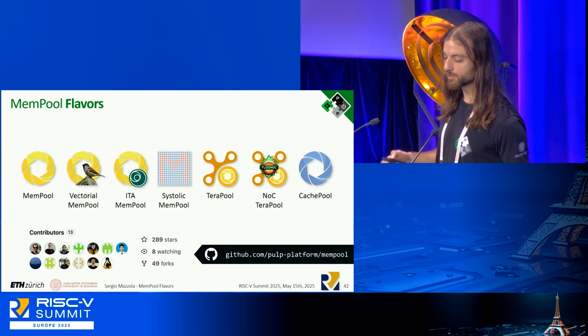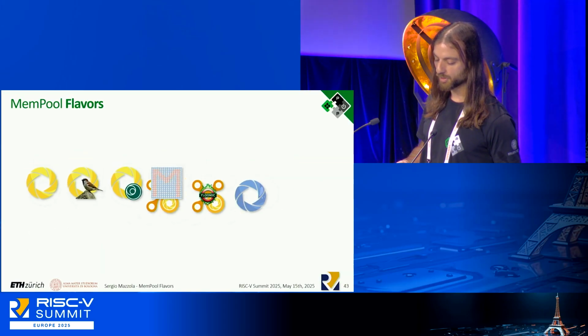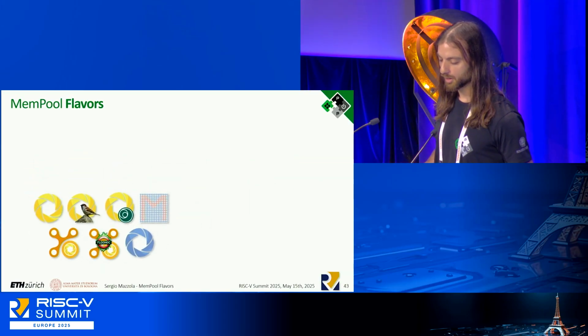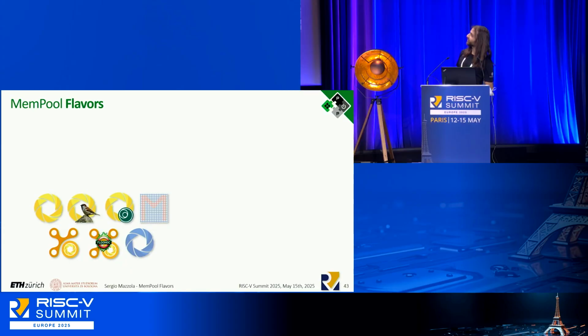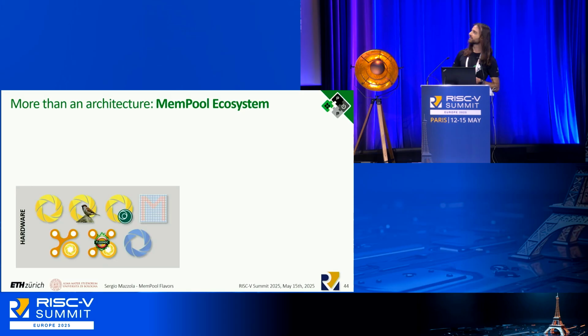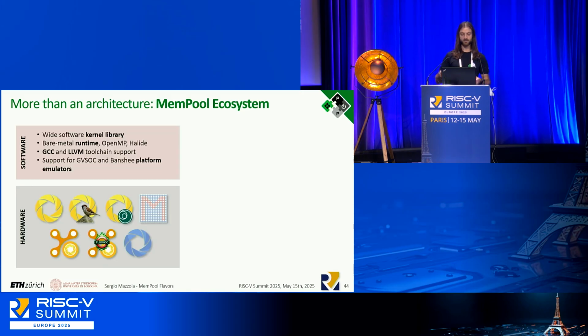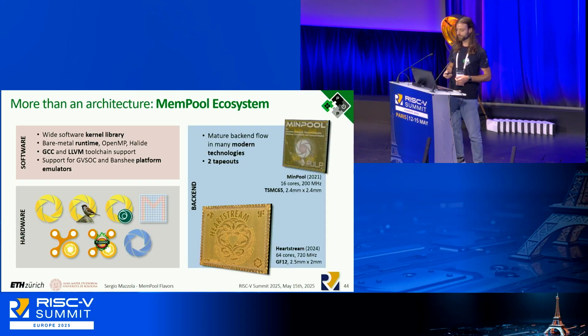But MemPool is also more than this. Because around all this hardware, we built a large software kernel library, and we have support for several runtimes, and also for both GCC and the LLVM compilation, and for several platform emulators.